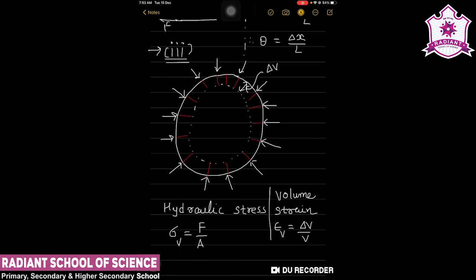The force applied by the fluid acts in a perpendicular direction at each point of the surface, and the body is said to be under hydraulic compression. That is explained here with the figure.